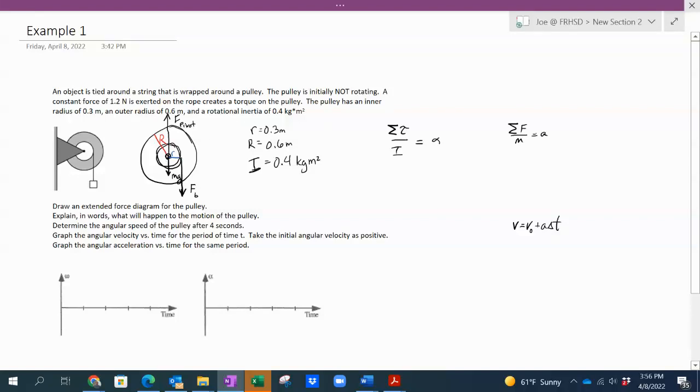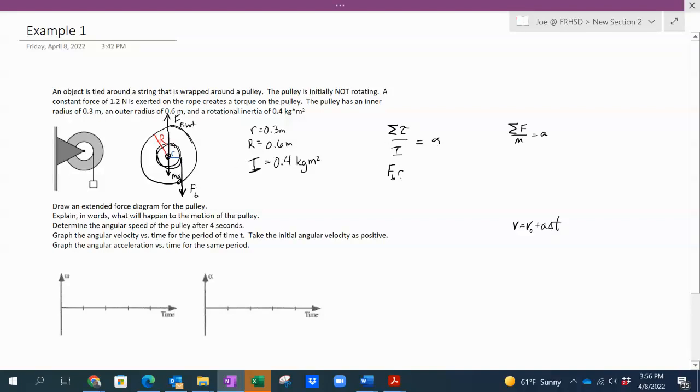The force of the pivot and the earth are exerted at our axis of rotation, so they're not going to cause it to rotate. So the only force that is going to give this a torque is the force exerted by the block. So that is exerted a radial distance of 0.3 away.